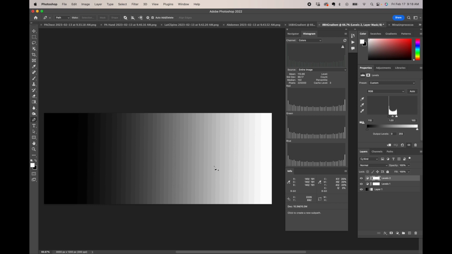So that shows where previously you couldn't tell the difference in that gradient between a 16-bit image and an 8-bit image. A lot of times people think, why should I mess with 16-bit? It just slows down my computer. Yeah, you can't see a difference.